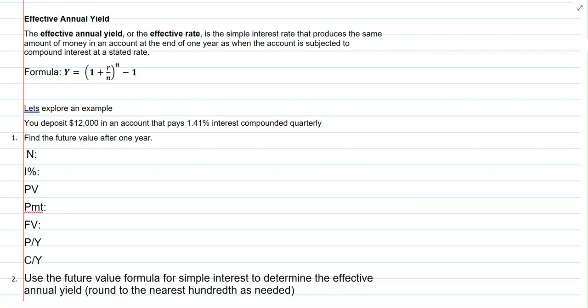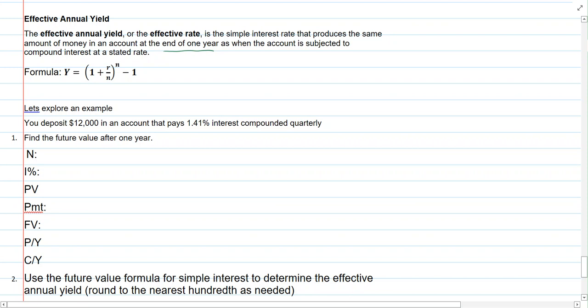Effective annual yield, or effective rate, is a simple interest rate that produces the same amount of money in the account at the end of 1 year, as shown when the account is subjected to the compound interest in a stated form.